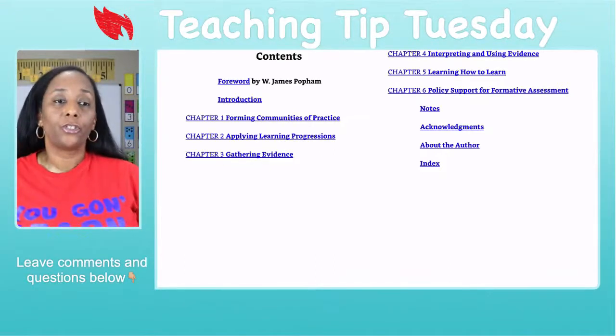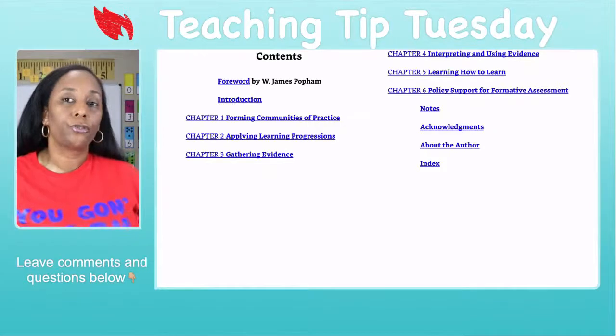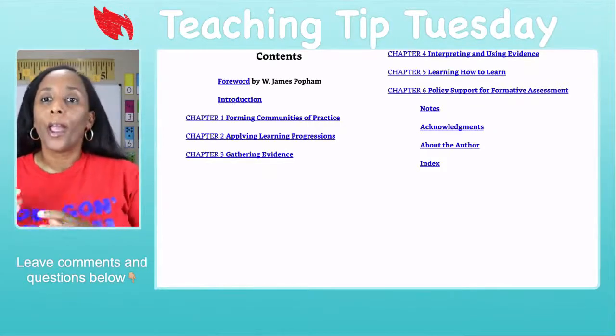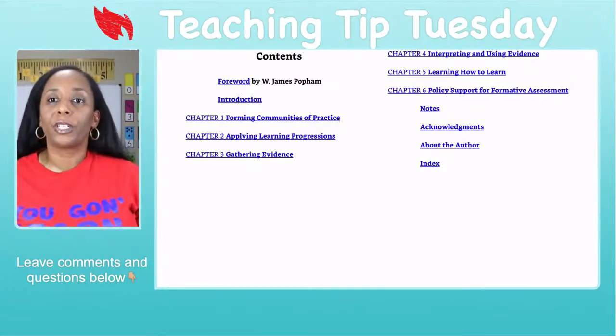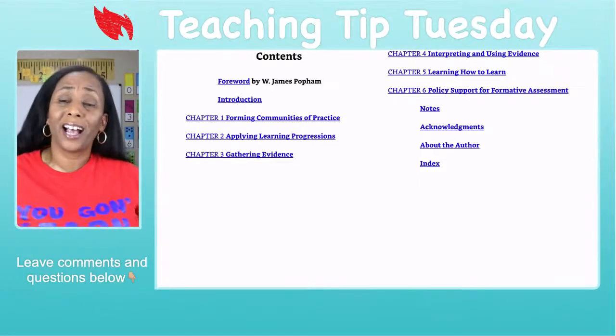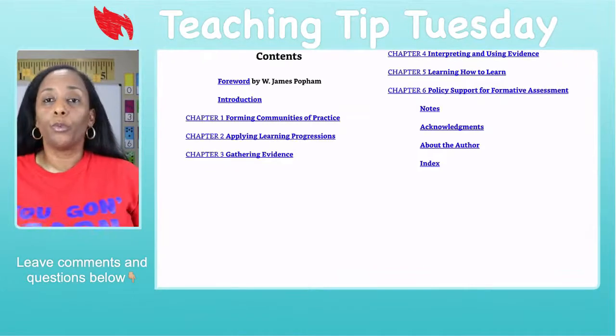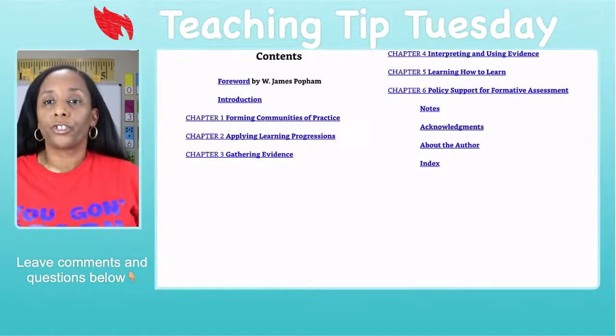That's the issue with gifted and talented learners. A lot of teachers don't know where they can move the students and how deep they can go with the content, because if you're not well versed in the nuances of the concepts, then you're not going to know how to move those students along. And that's what a learning progression is.